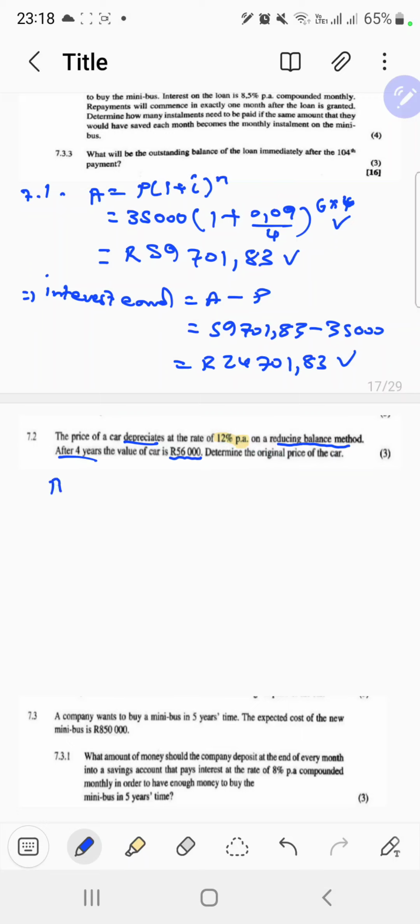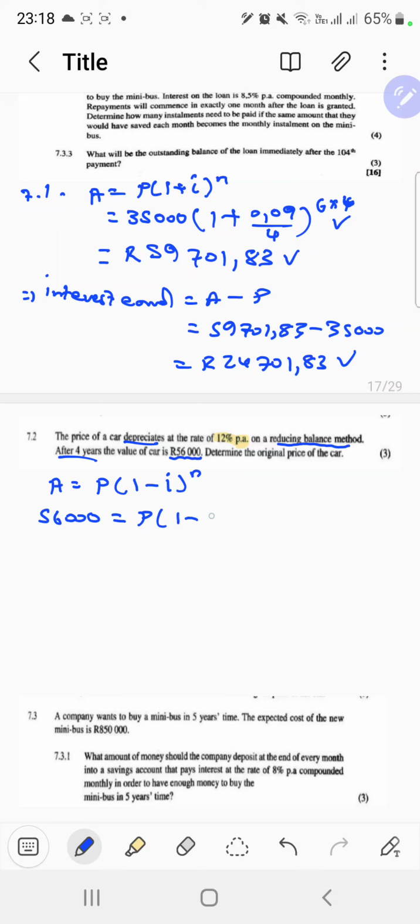So we know that A is going to be equal to P into 1 minus i to the exponent n. Remember, this is the reducing balance method. Our A is our last amount, which is 56,000, equals P, which we are looking for, into 1 minus i.